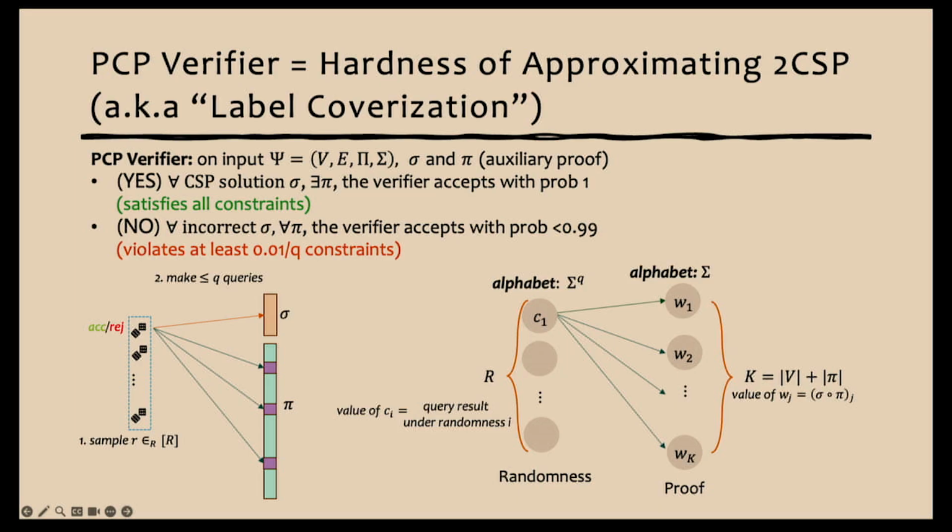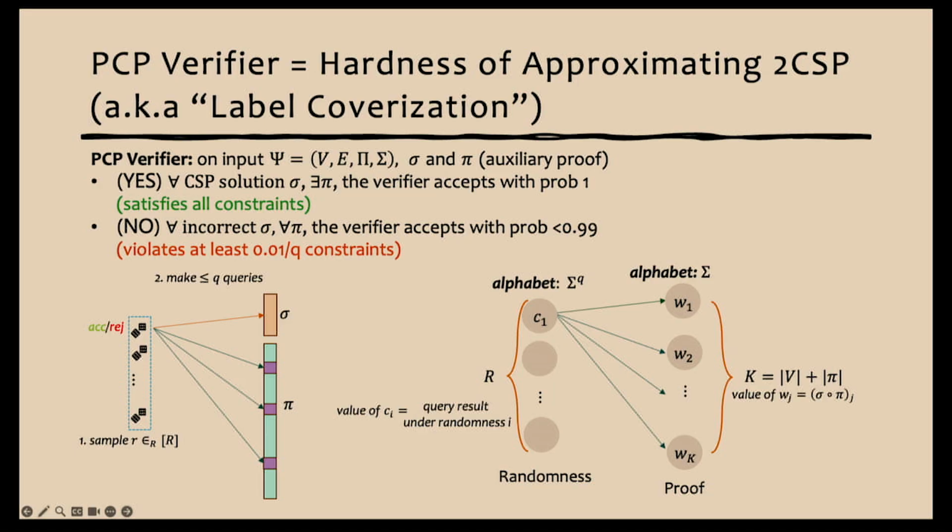And we expect that each variable on the left side is the query result under the randomness I, and for the right side, the value is just the value in the proof.